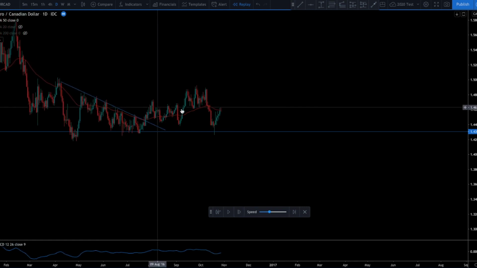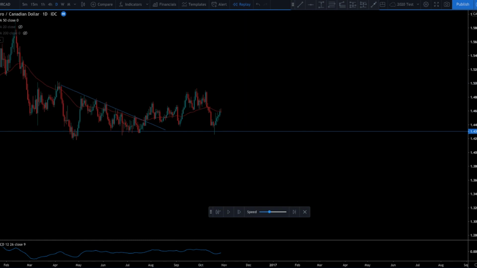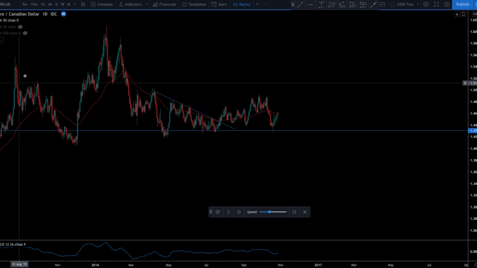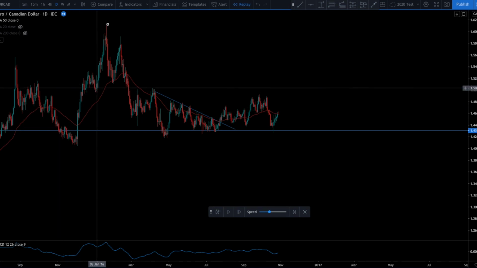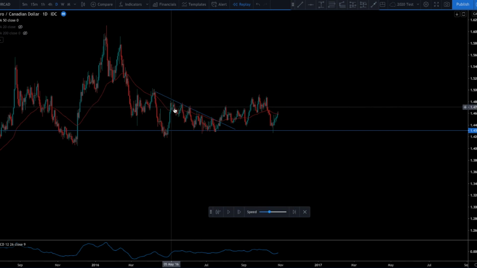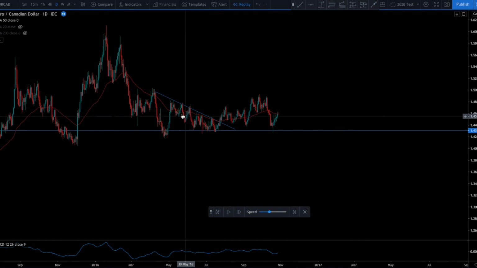So periods like these where price really, over here you can see there were healthy trends, good price movements, and this amount of time here, this is just consolidating.